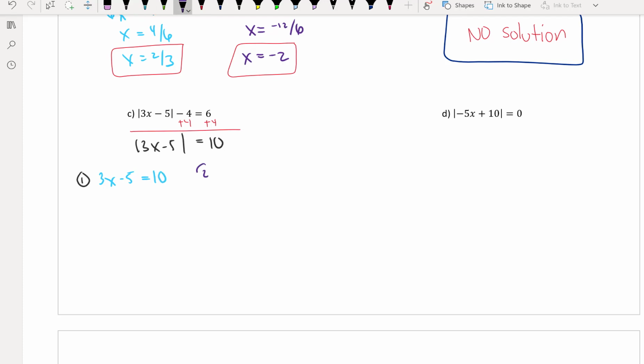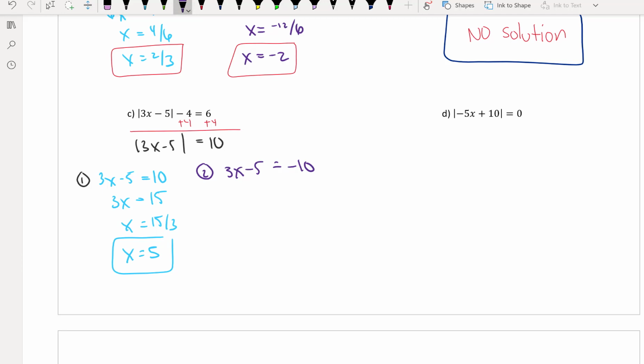And my second answer is 3x minus 5 is equal to the negative of it, which is negative 10. So I have 3x is equal to a positive 15, and x is equal to 15 divided by 3. So x is equal to a positive 5. That is going to be my first answer.